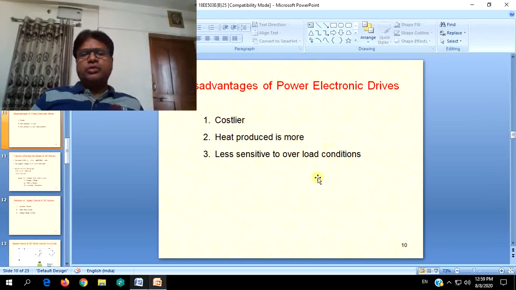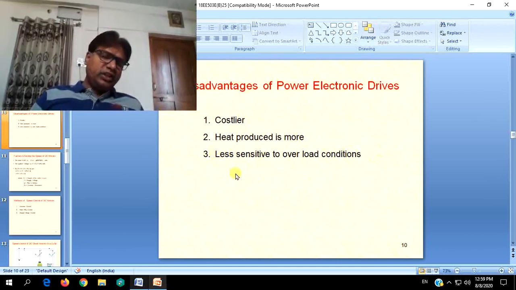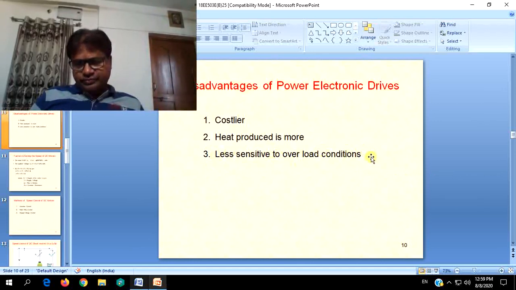Proper heat sinks are to be used, and the most important disadvantage is that they are less sensitive to overload conditions. This is in decreasing fashion.